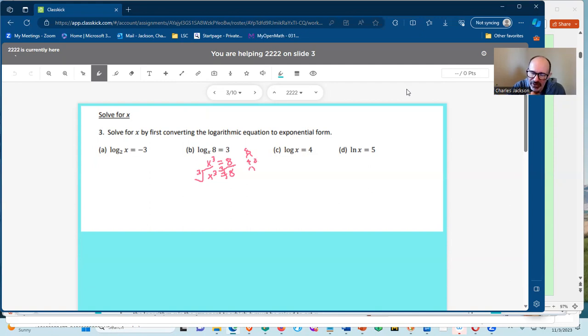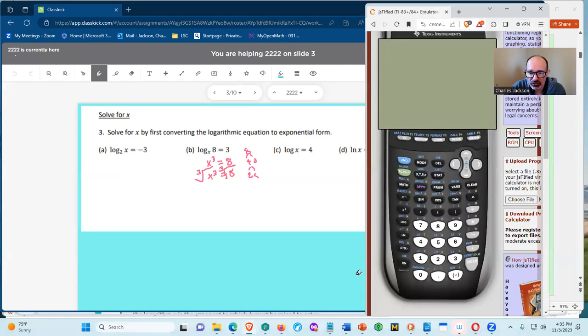You don't have to do all that. It's okay though. But for this problem, would there be imaginary numbers? For B, no, they're real. Oh, okay. Because I did get one real and then like an imaginary. Oh, so you went to your calculator and got the cube root of 8.